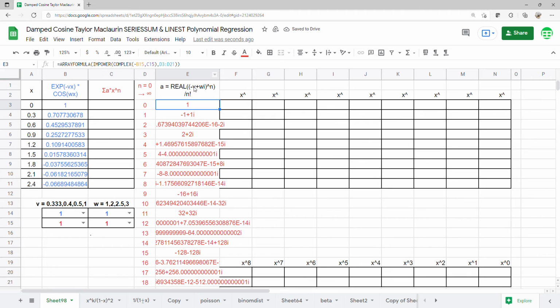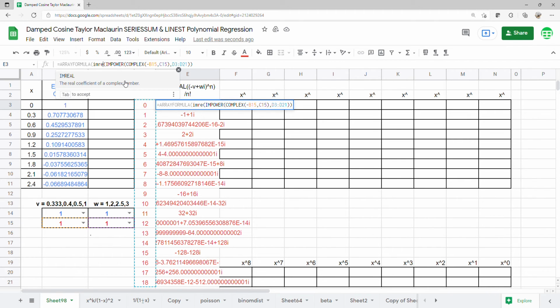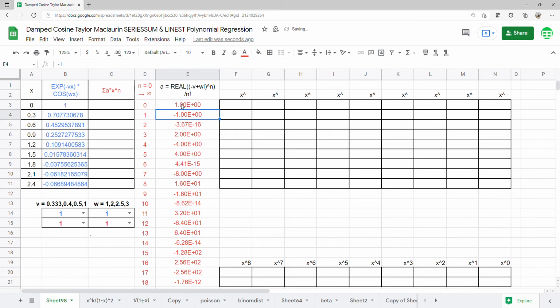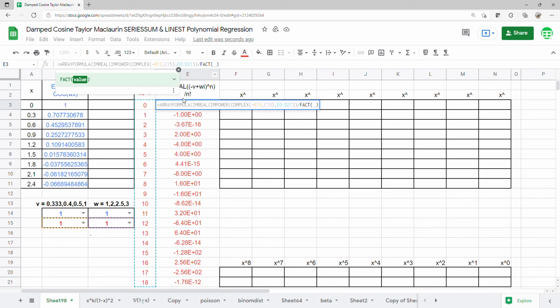Next, we want the real part. So you only want the real part. So IMREAL. You want the real coefficients. Enter. And finally, we divide this by n factorial. So this will be divided by factorial n.